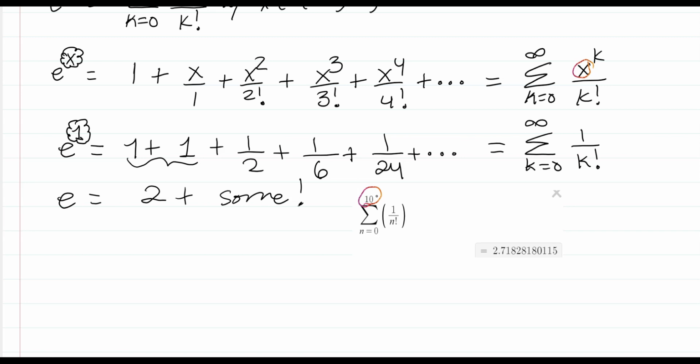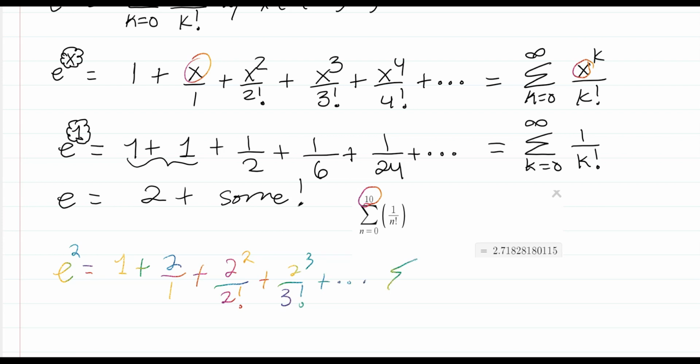Now, what if I ask you, what is e squared? Well, what are you going to do? Well, you are going to put 2 in for x, right? So that would be that plus 2 squared over 2 factorial plus 2 to the third over 3 factorial, and so on.